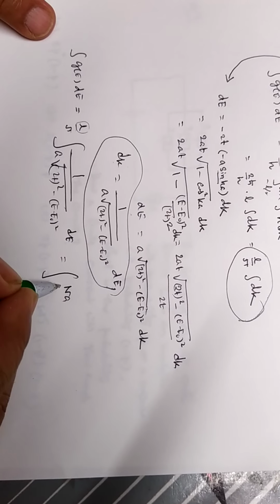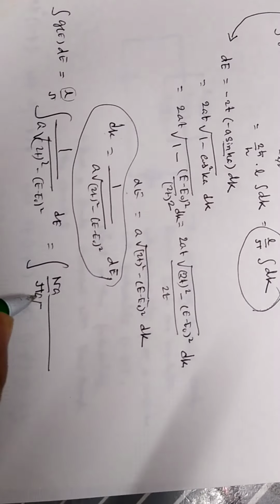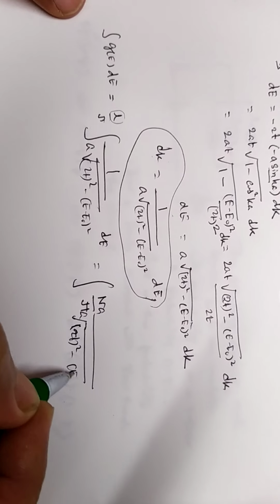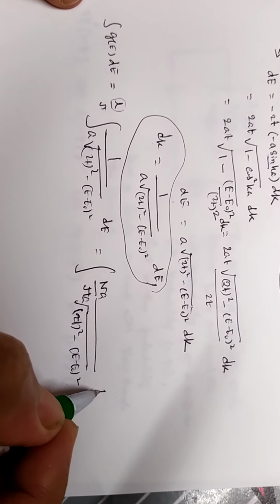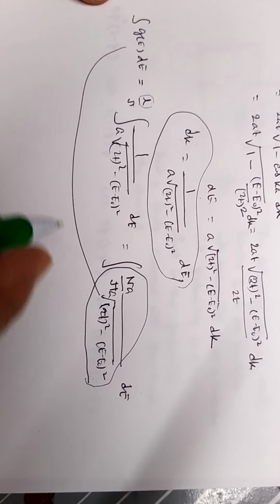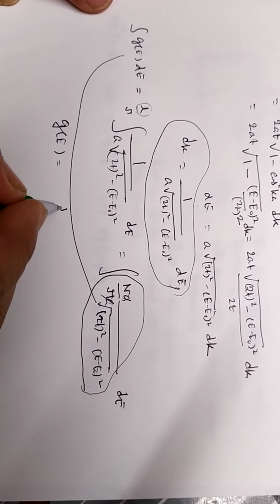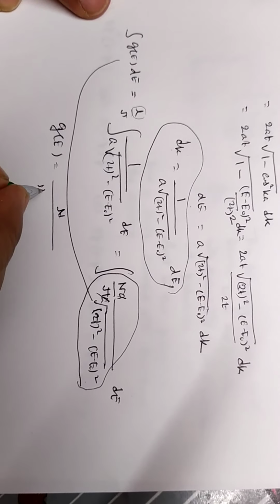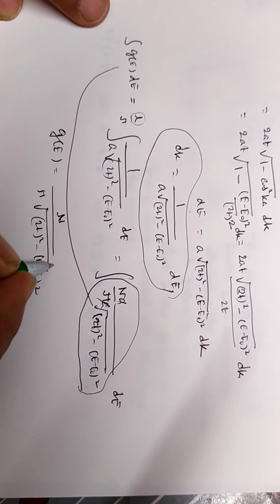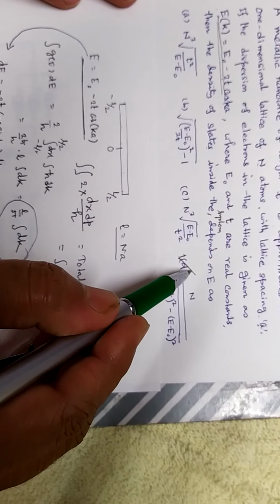So na by pi and square root of 2t square minus E minus E naught square dE, and therefore this is nothing but g, right? If you compare, then this is the density of states, a and a cancel, and therefore n by pi square root of 2t square minus E minus E naught square, and therefore among the options this one is the correct answer.